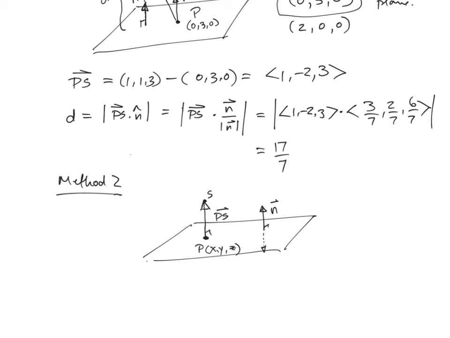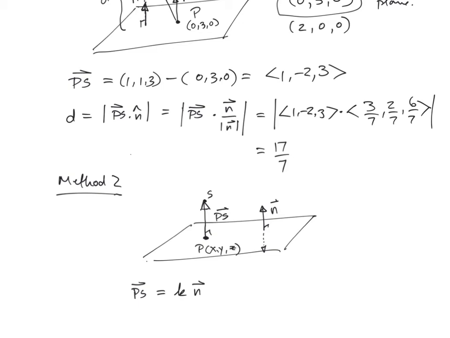We don't know, and it doesn't really matter. We know that PS is parallel to n, whether n is going up or down, and whether PS is going up or down. They might be pointing in opposite directions or in the same direction, but they're parallel to each other. Which means that we can write PS is equal to some scaled version of n, where k is some scalar value. It might be a positive number, in which case PS and n are pointing in the same direction.